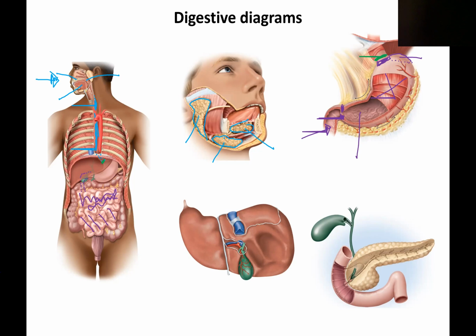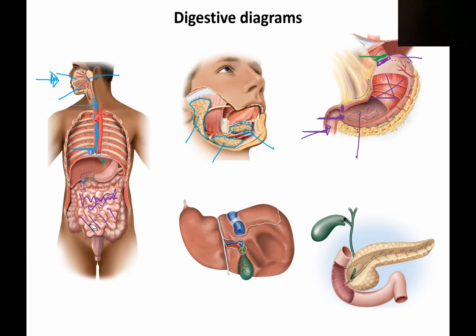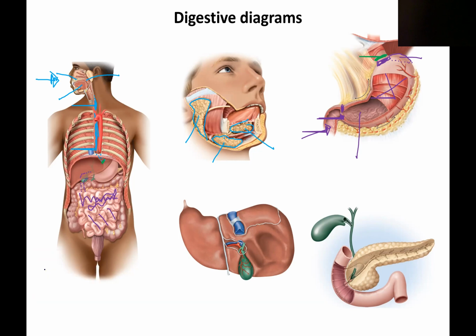Something else it doesn't show in your diagram is the terminal end of the ileum. And again, we'll use dotted lines because it would be behind all this.